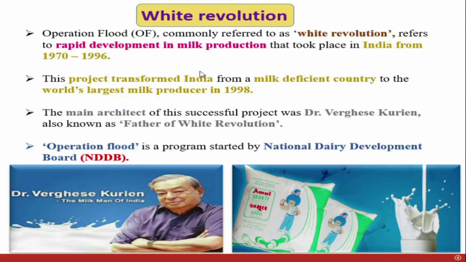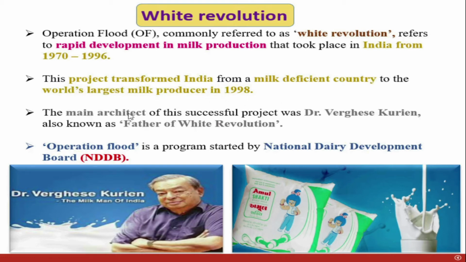Before that, India lacked milk production, but after the white revolution started, India became a good milk producer. The project transformed India from a milk-deficient country to the world's largest milk producer in 1998.